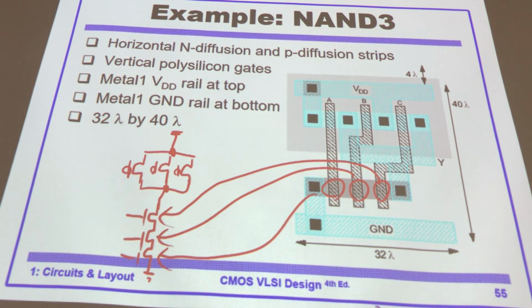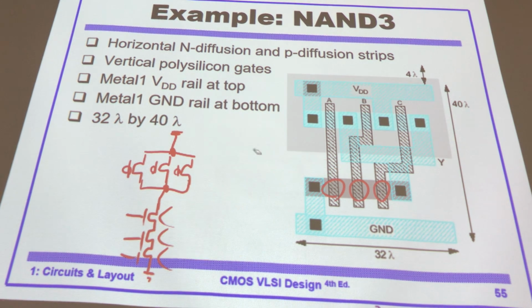How about the PMOS transistors? Why does the layout look like this? Why does this layout imply they are connected in parallel? Can you see that? PMOS transistor, PMOS transistor, PMOS transistor.